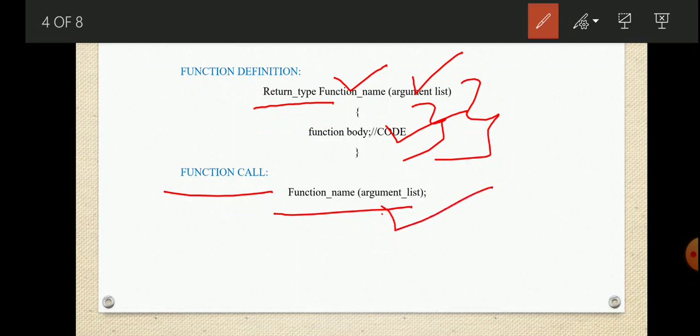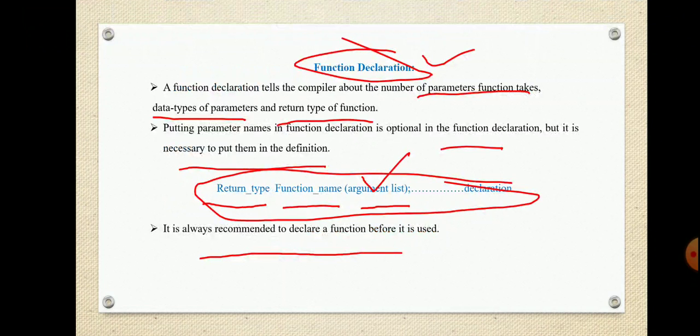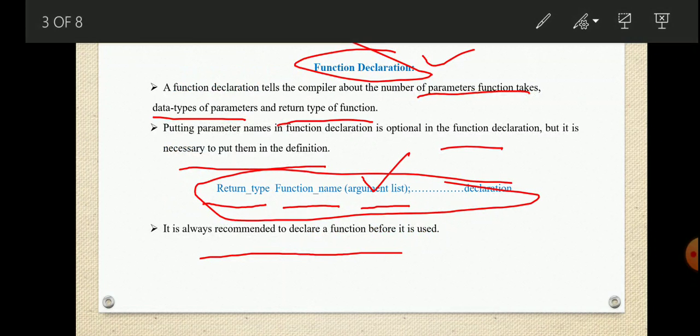Now one important point. When you are declaring and defining the function, if you are not giving the argument list, the argument list is empty. You can give arguments if you want to.